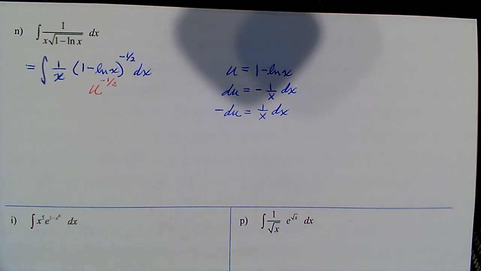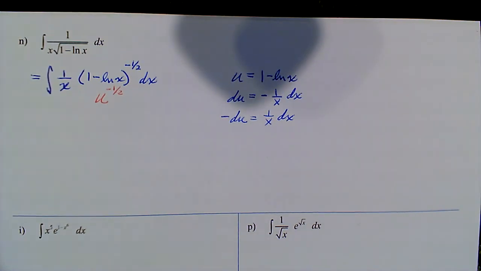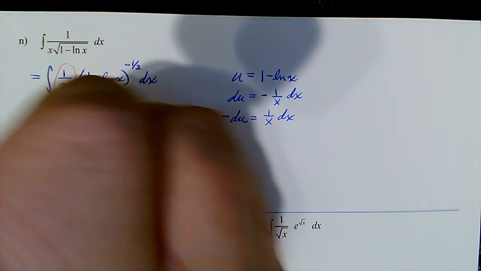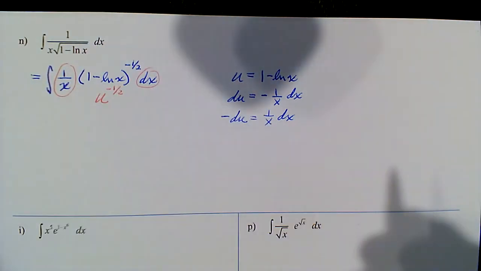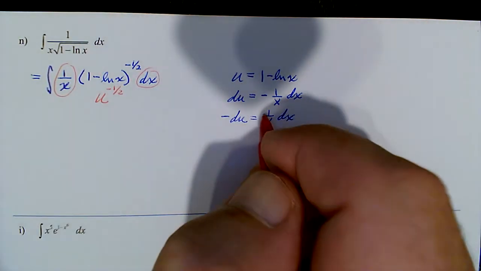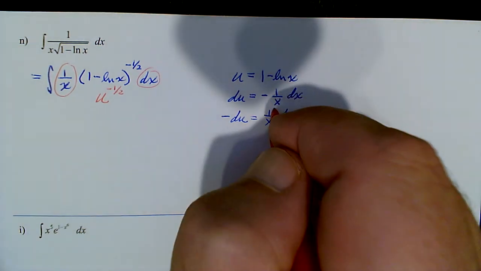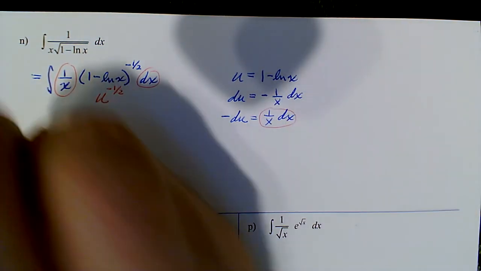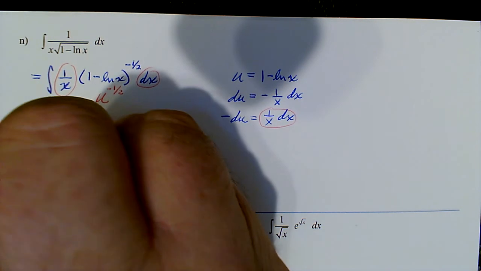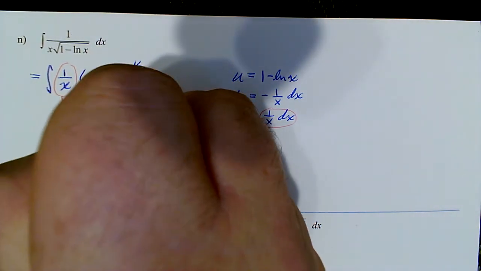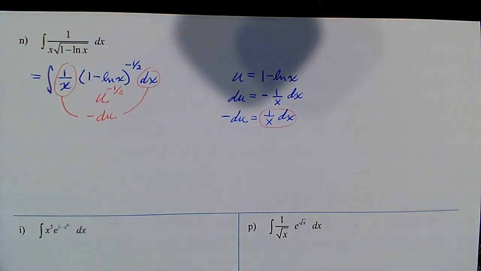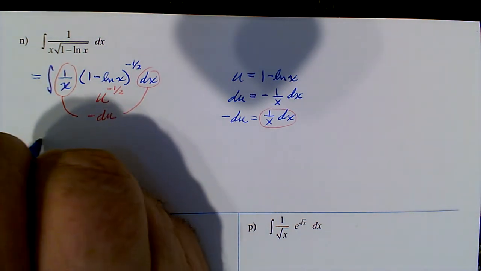And now going back to the integral, we've already set up u to the negative 1/2. Let's look at the leftover factors, 1 over x, differential dx, compare them to our du, and we see that they match, just modified by the negative. So replace those two factors by negative du, and we'll make the change of variables.